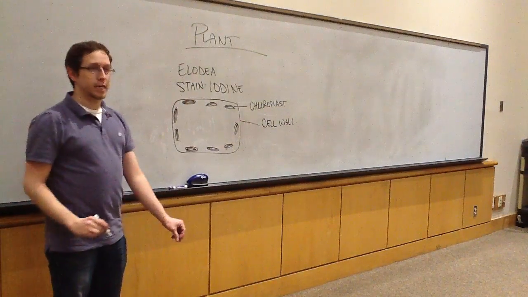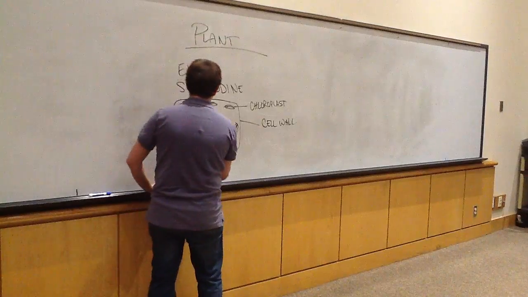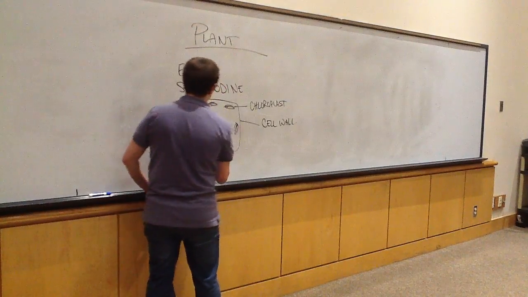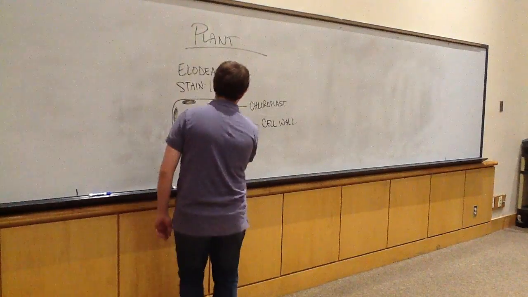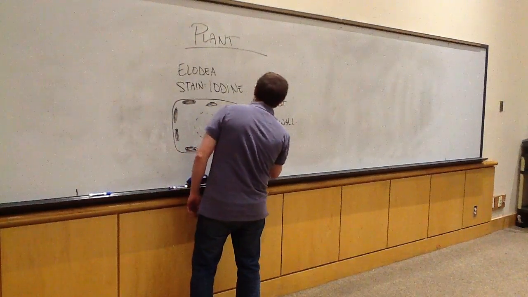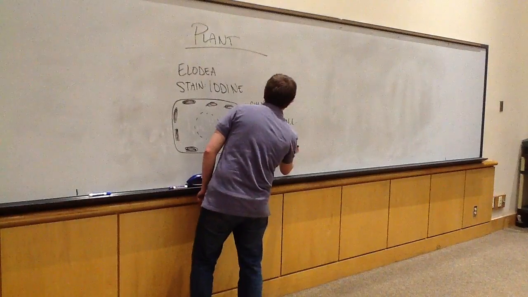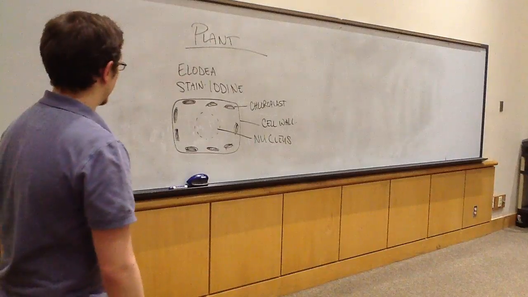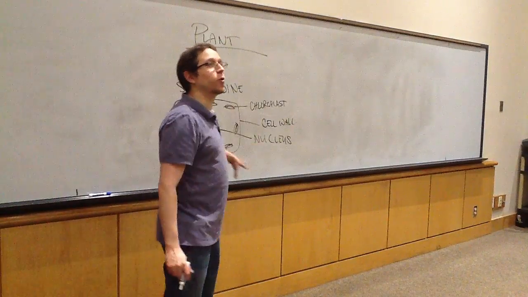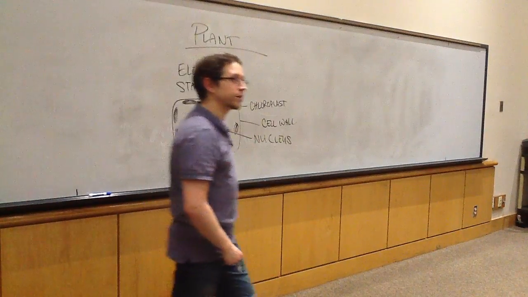And then if we were lucky, we might have actually stained that central structure that is indicative of any eukaryotic cell, which of course is the nucleus. Now if you didn't see the nucleus, that's okay, because that's why we did the second plant cell type. So these were the big things we were going for with this particular plant cell.